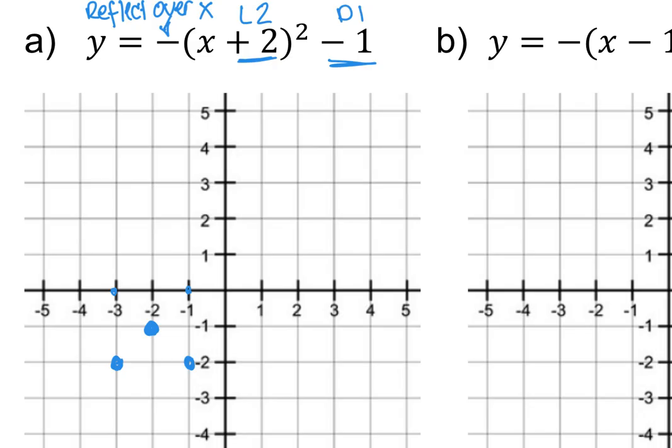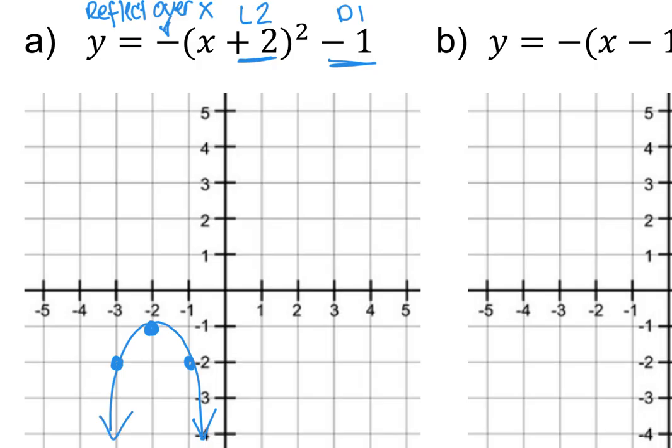And again, they're talking about our x value here, which usually we go up, but we're going to reflect them the opposite direction. And let's go ahead and connect our 3 points. And you have your parabola.